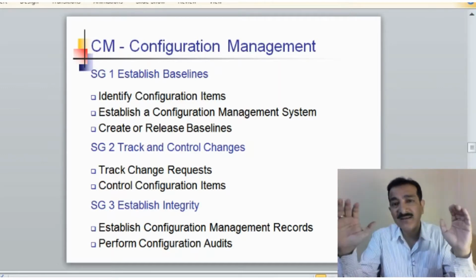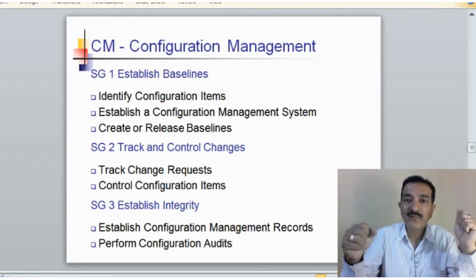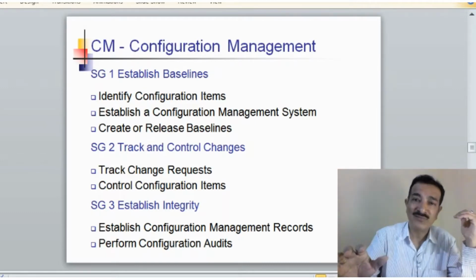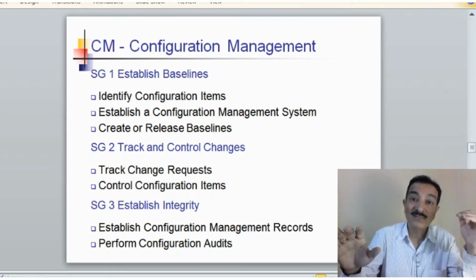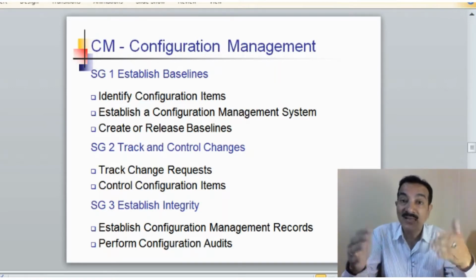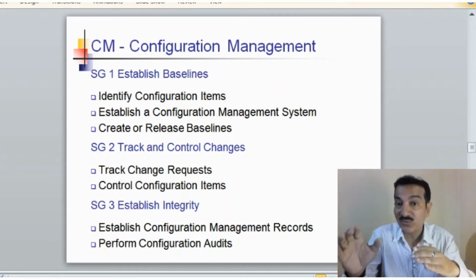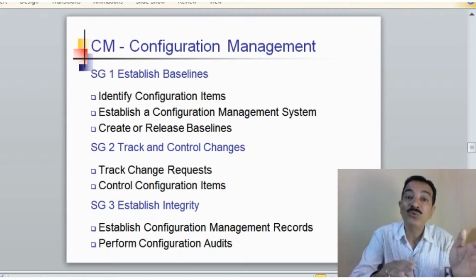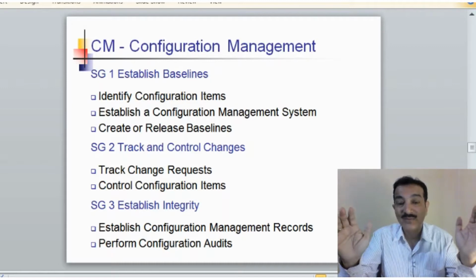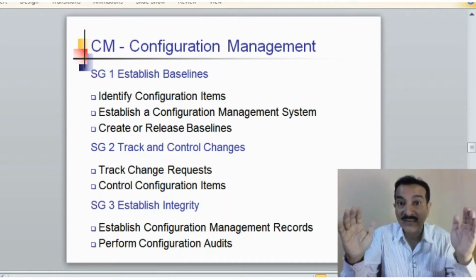Once an item is baselined, like a requirement, we cannot say that it is not going to change anymore after this. Any work product can get changed. So if the requirement has to go for a change, then it will have to go through some change request system. The change request system has to be formalized.